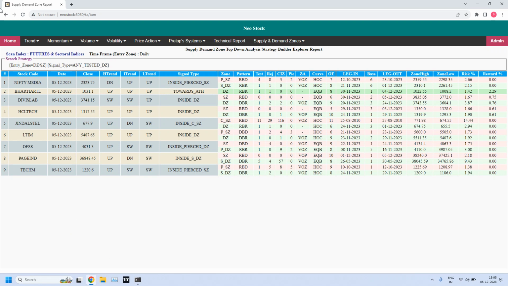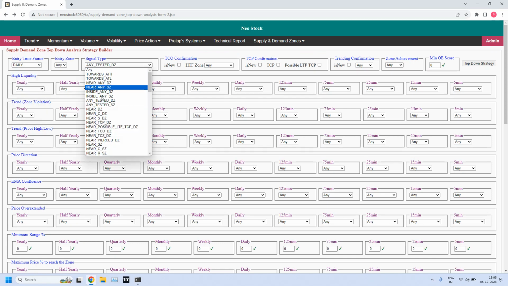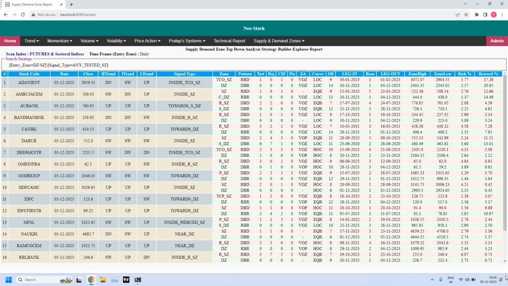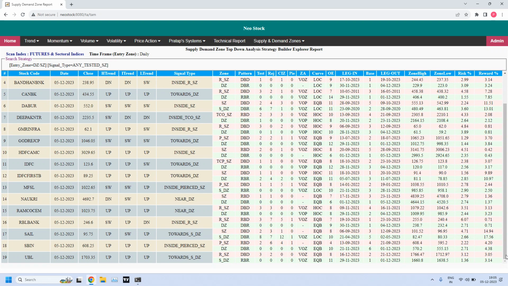So let's go back. Entry time frame is daily. Let us find the tested daily supply zones. So this is the filtered list. So total 19 supply zones are tested.